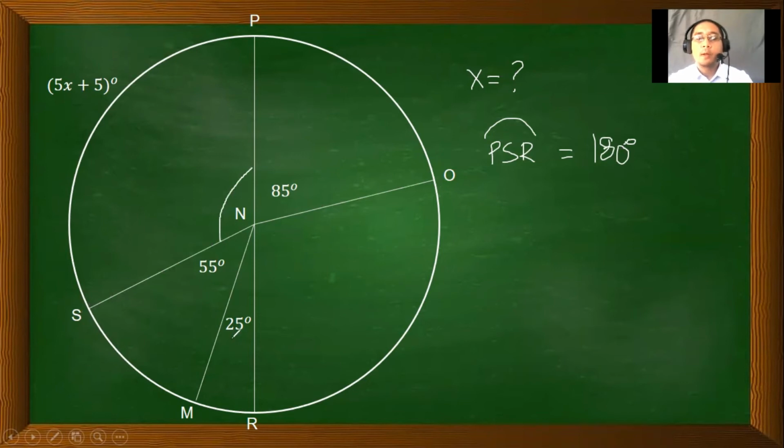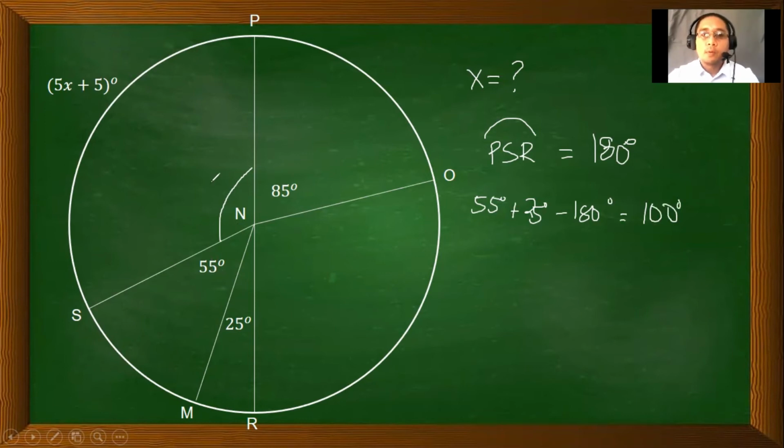All we need to do is add 55 and 25 degrees and subtract it from 180. So if we add 55 degrees and 25 degrees and subtract it from 180 degrees, the result is 100 degrees. Now, the measurement of SNP is 100 degrees.